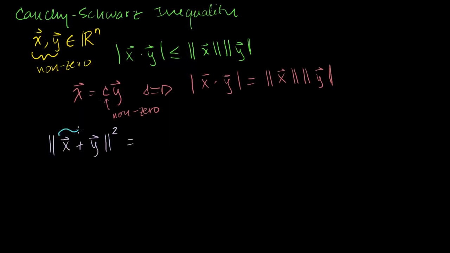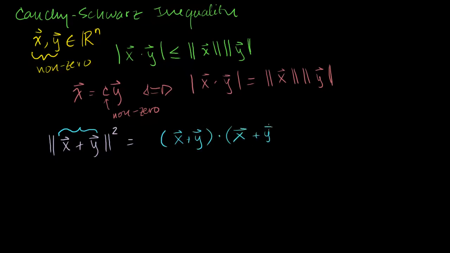This right here, x plus y, I know it looks like two vectors, but it's two vectors added to each other, so it's really a vector. X plus y is a real vector. I could graph x plus y. So the length of x plus y squared, I can rewrite as the dot product of that vector with itself: x plus y dot x plus y.